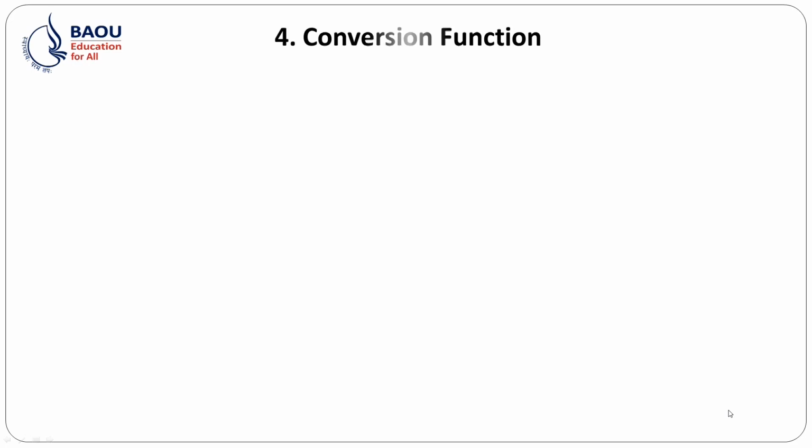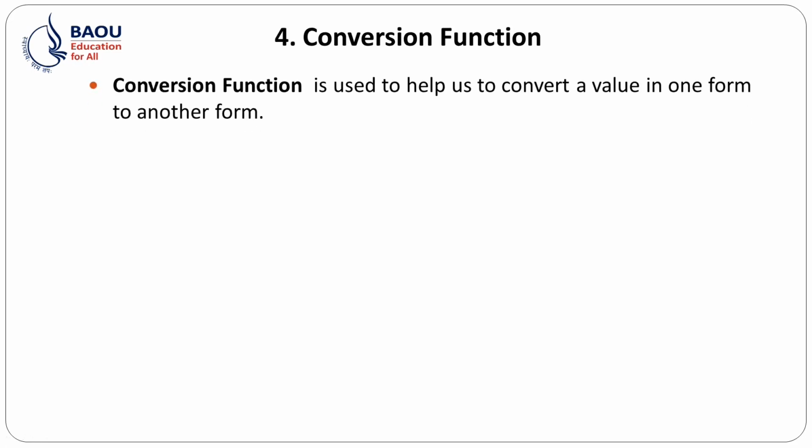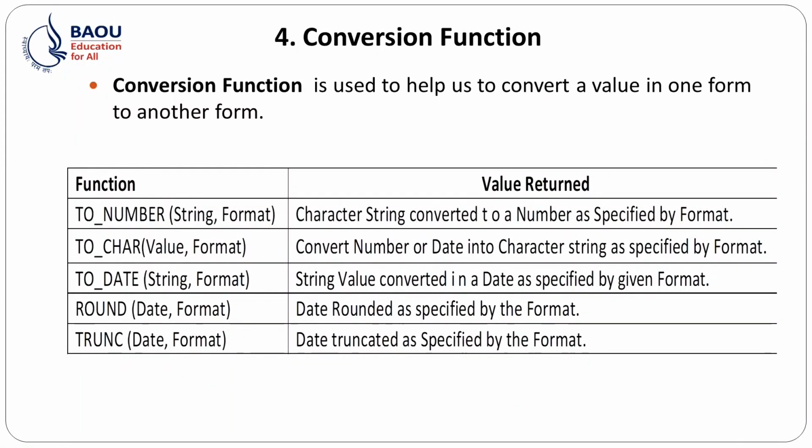Now the next is the conversion function. Conversion functions help to convert a value from one form to another form. See in the diagram here: TO_NUMBER is used to convert a string value to a particular format, that is numeric format.